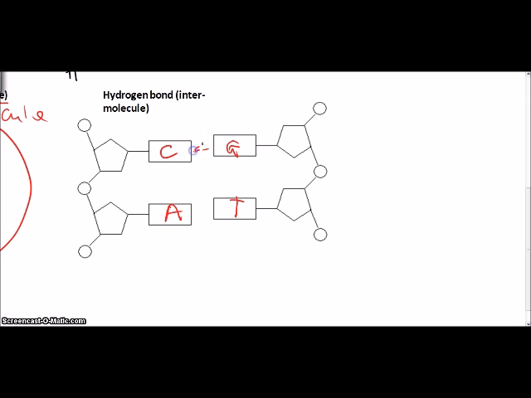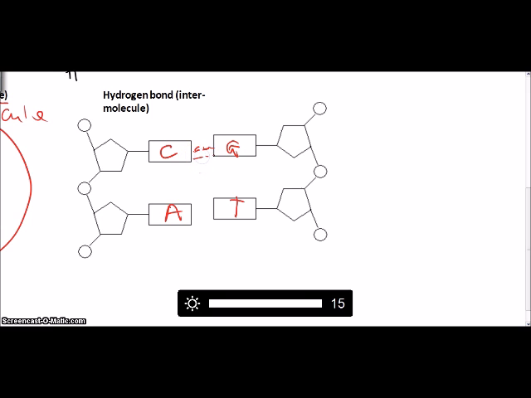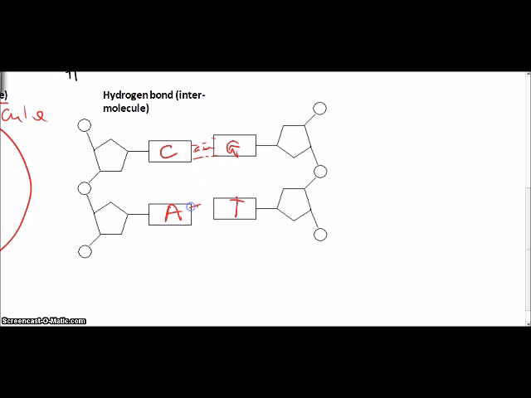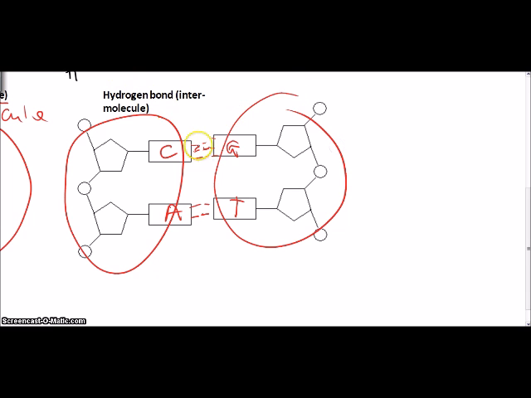Dot dot dot, a bunch of hydrogen bonding with each other. So now, two molecules having hydrogen bonds in between each other: intermolecular.